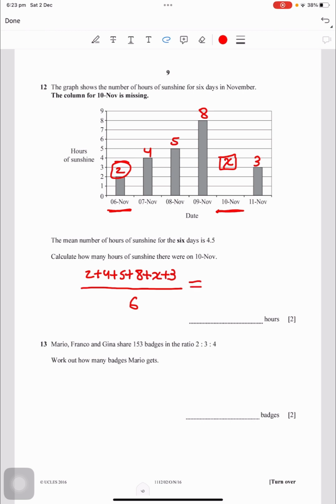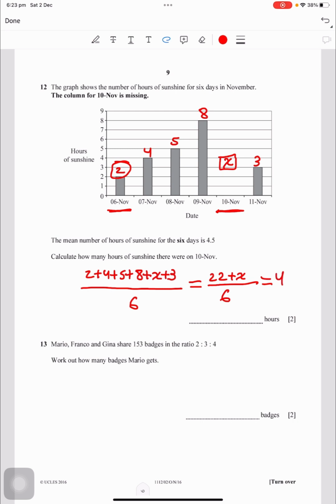You can also use a calculator for this. Let me calculate it. Okay, so our answer is 22 plus X, because of course we can't add the X right now. So we can write 6 over here because you need to divide it. It's equal to, let me do it on calculator, okay?